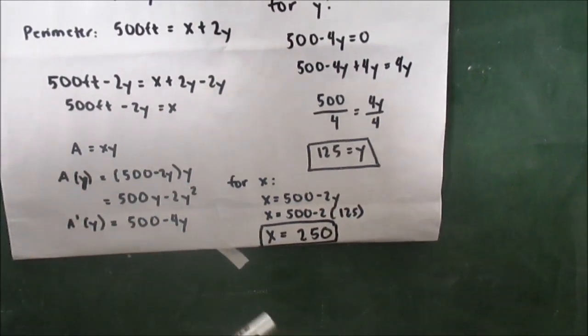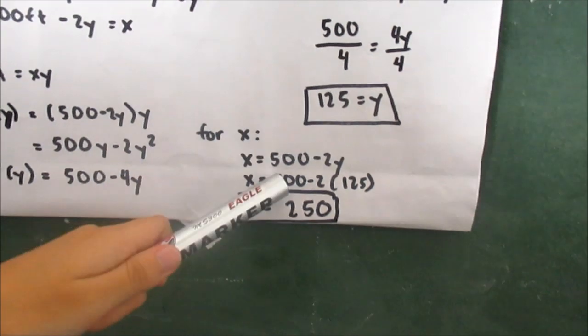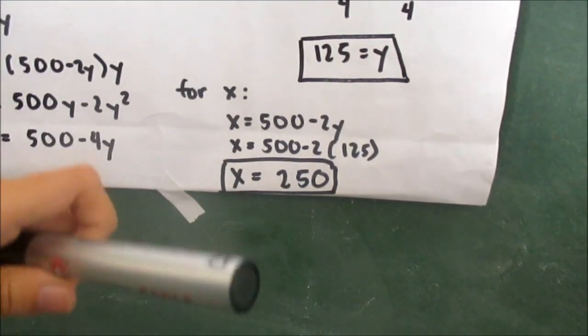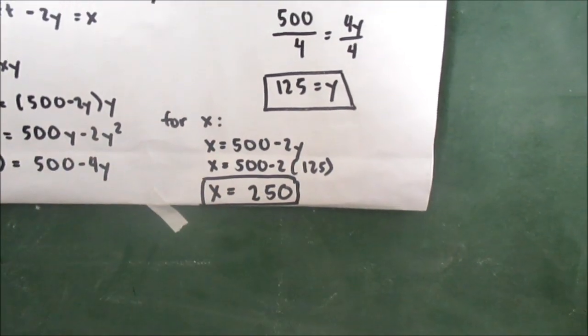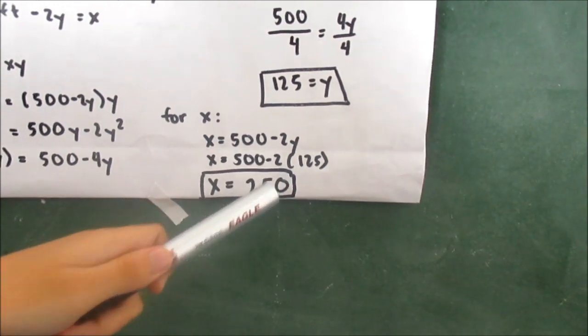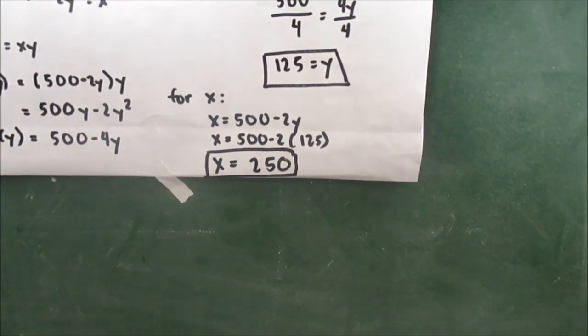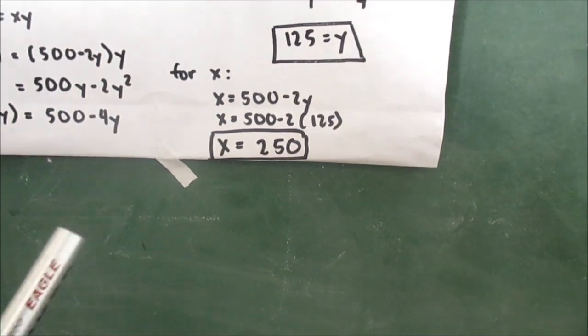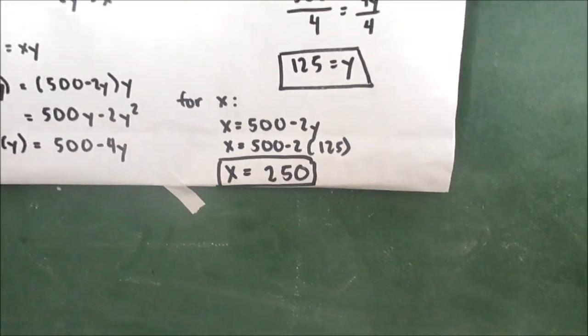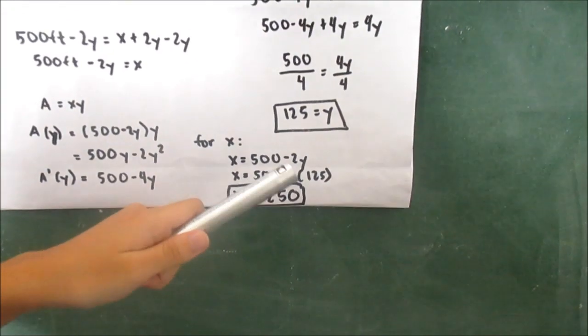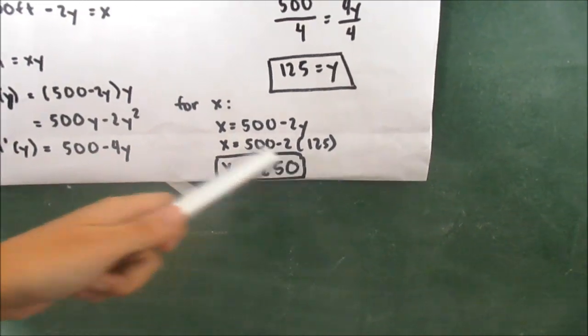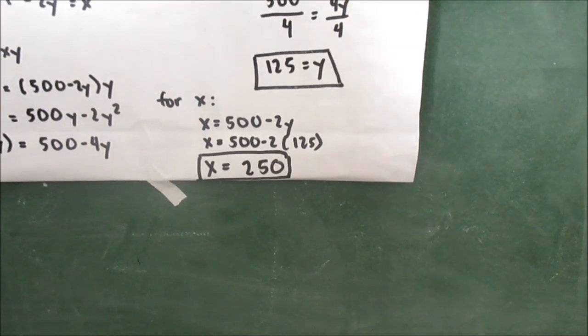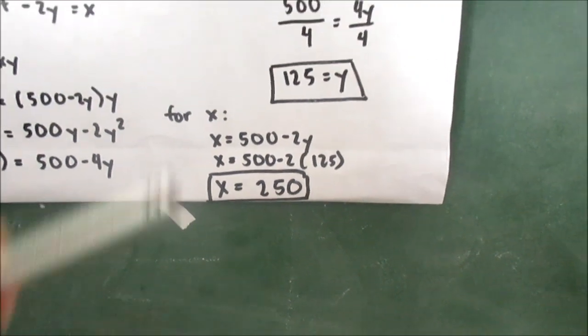So x is equal to 500 minus 2 times 125. 500 minus 2 times 125 is 250. So our x is 250 and the y is 125.